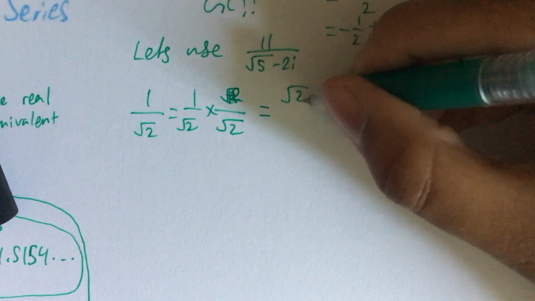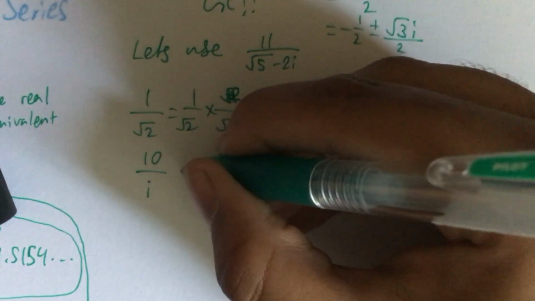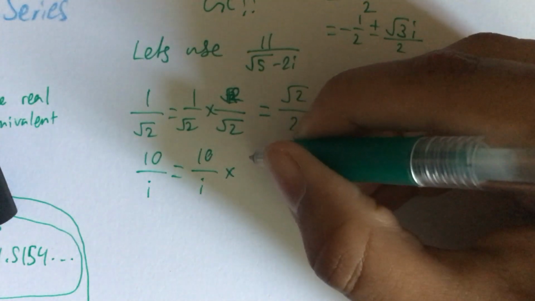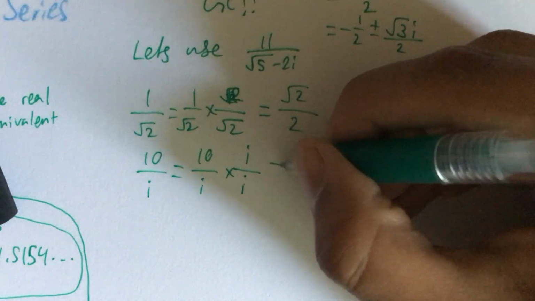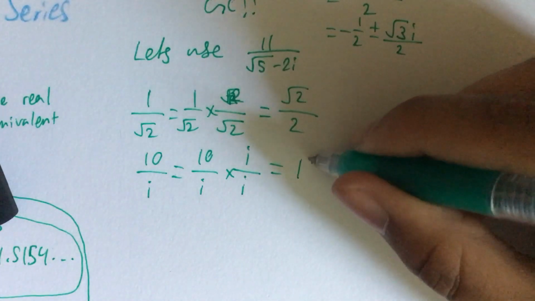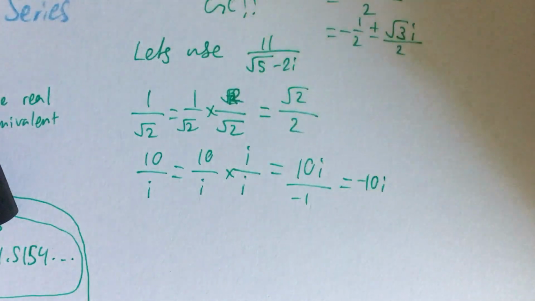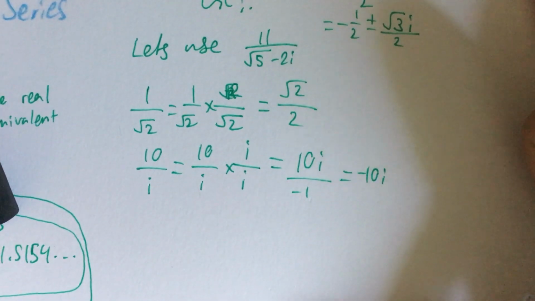So if you have, I don't know, 10 over i, which sounds very weird, then you can times it by i over i, which is equal to 1, right? And you will get 10i over -1, which will in turn be -10i. That is the simplest form.